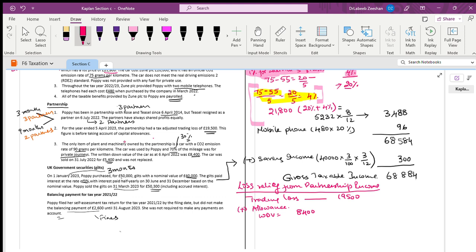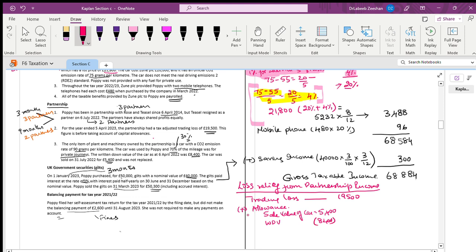The car was sold on 31st July for how much? 5,400. Sale value of the car is 5,400. Written down value is 8,400, is it right?